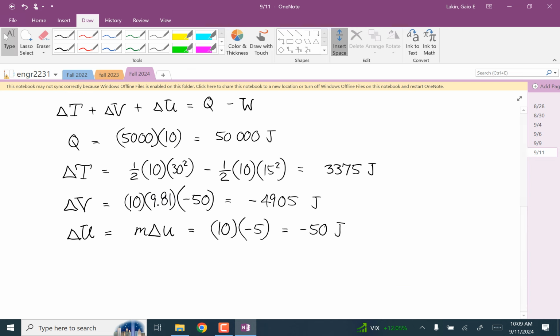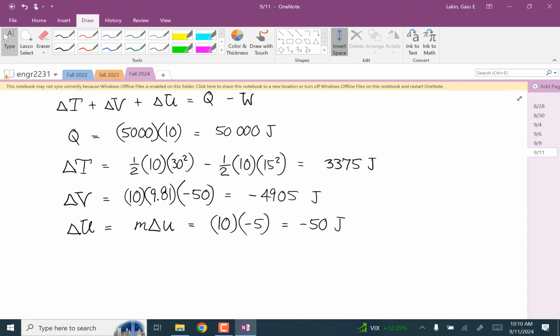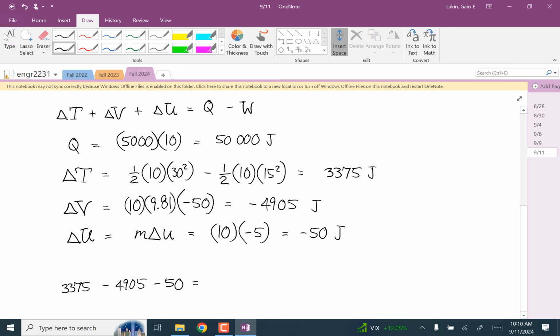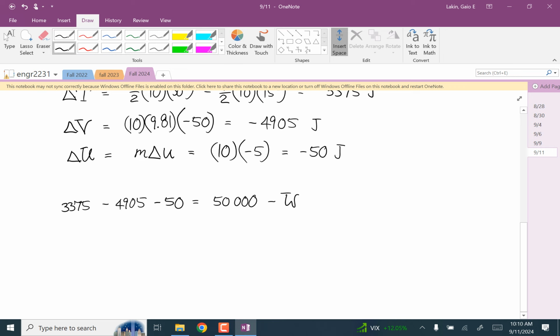And we want to calculate W. So put this all in the equation. We have 3375 minus 4905 minus 50. That 50 is pathetic. Look how little it is. And then that's equal to 50,000 minus W. And so W is equal to. Wait a minute, isn't it 5 kilojoules?